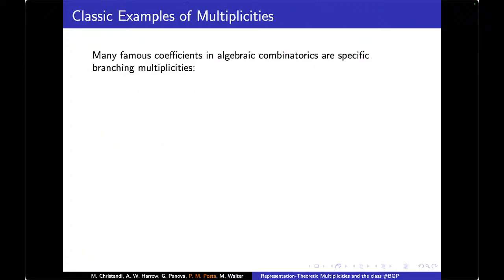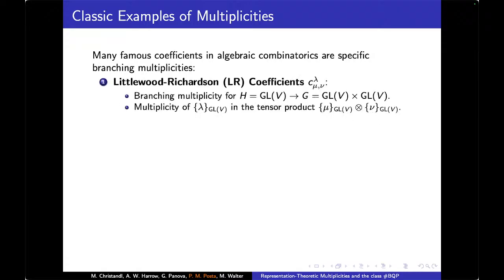Okay. There are many famous, important examples of these cases, and a lot are relevant to algebraic combinatorics. For example, we've already seen on Tuesday Littlewood-Richardson coefficients, and they can be described in this way by having H being GL_V, and G being the product of two copies of GL_V.